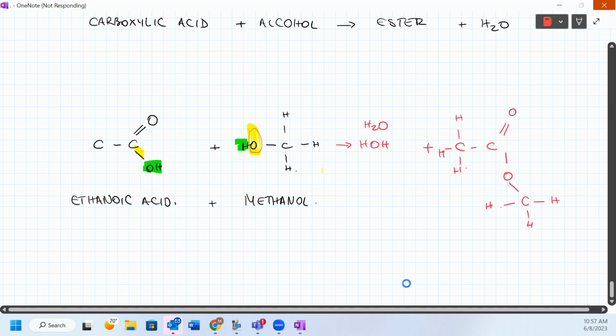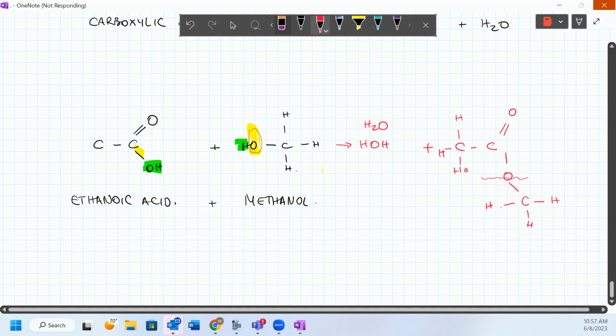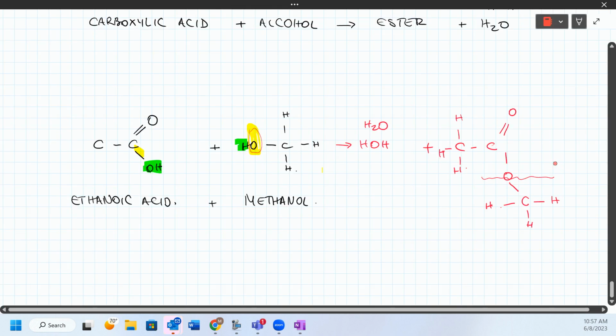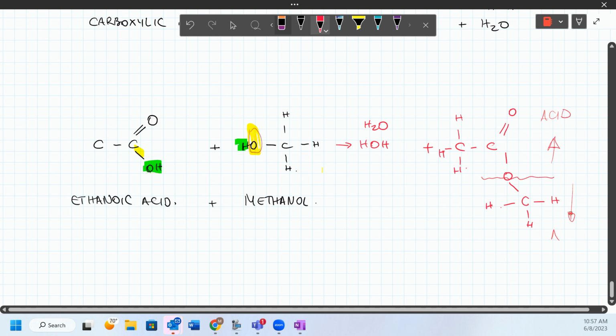So in terms of naming, as the tip that we were using, we'll find where the oxygen single bond is, and then the part that has the double bond oxygen is acid. The part that doesn't is the alcohol.